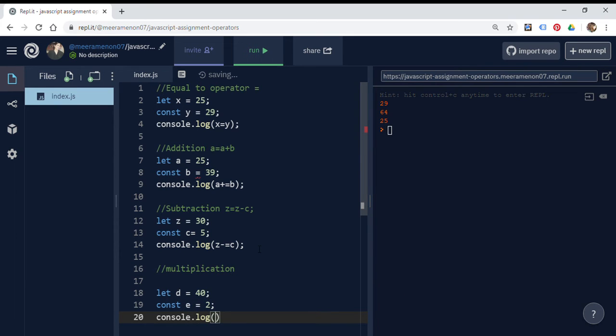Console.log, you want to multiply both these d and e. 80, 40 times 2 is 80. So here what you're doing is d equals d multiplied by e. So this is the shorthand for that.